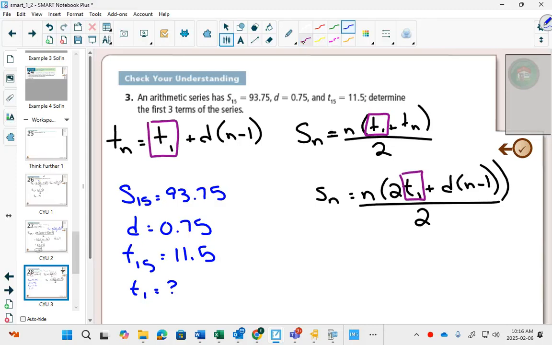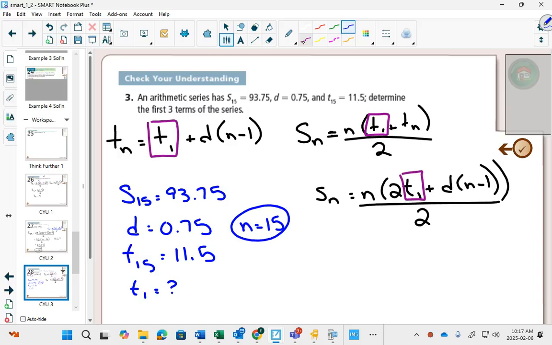I'm going to put a little check mark. We know d. We know term 15. If we know sum 15 and term 15, does it make sense that n would be 15 in that case? So we're going to look through these and decide which one we could use, and it might be that we can use more than one to solve for this.